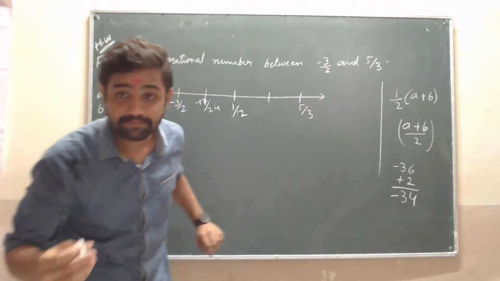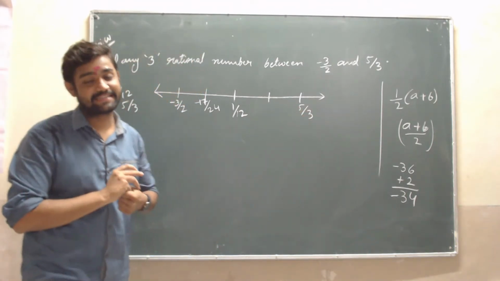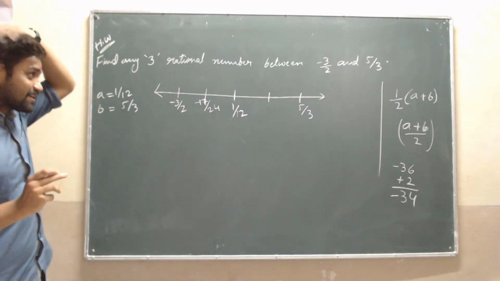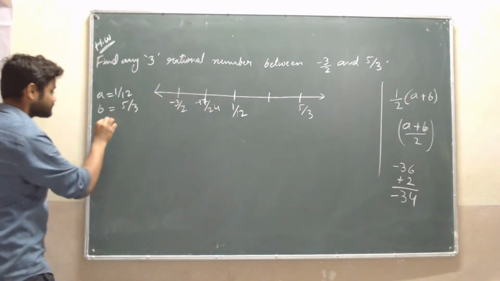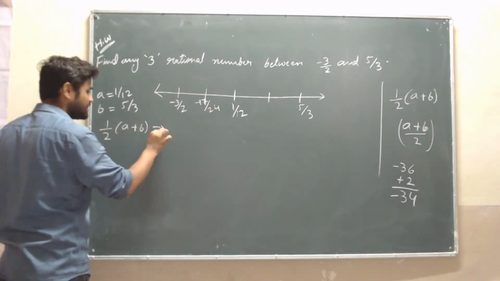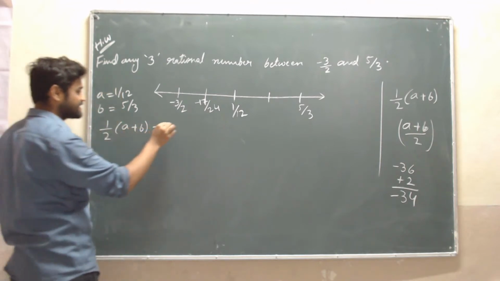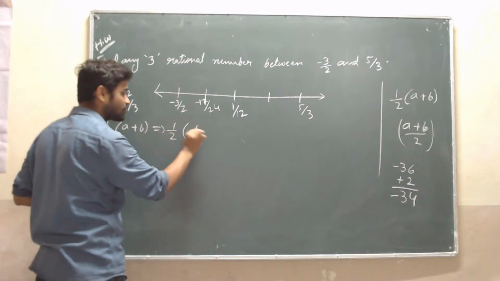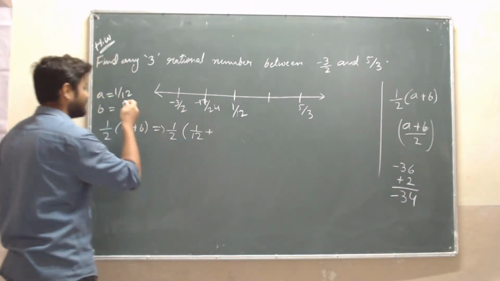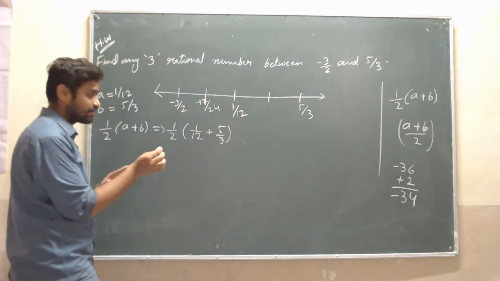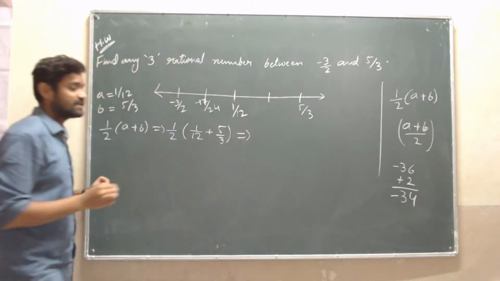Very good, Kalavati, 7 by 8. Let's see whether that is correct or not. The formula is 1 by 2 into A plus B. Substitute these values here: 1 by 2 as it is, A value is 1 by 12, and plus B value, that is 5 by 3. Then again solve it.